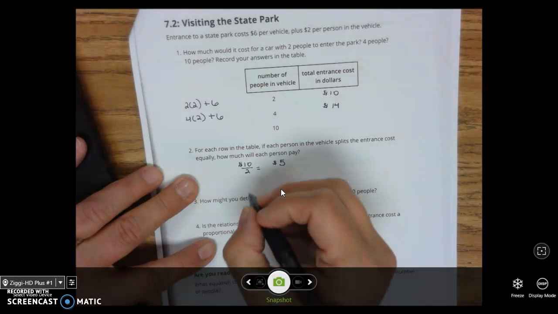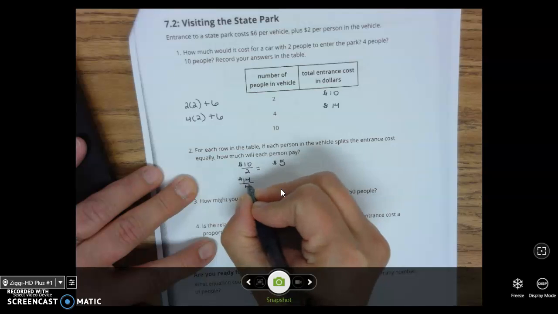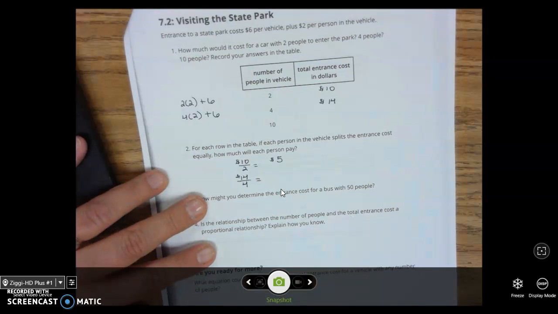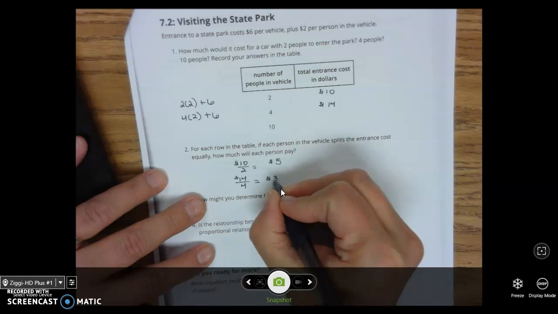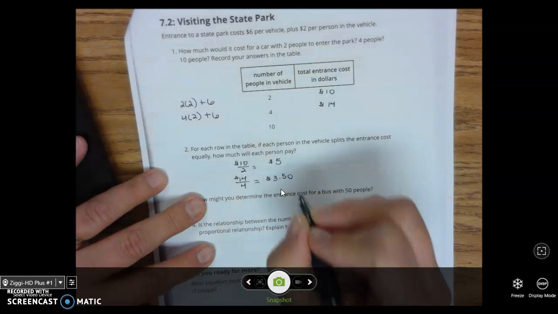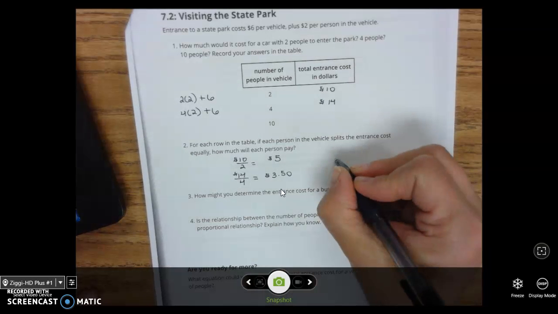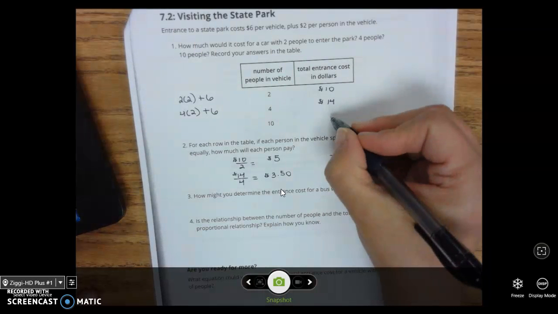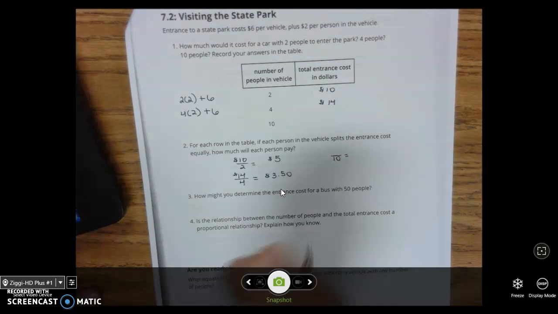And if their cost was $14, but we had 4 people in the car, we're going to divide by 4. And you get $3.50 for each person. And then you're going to have to do, what if there were 10 people in the car, whatever you got in the table, fill that in and see what the cost would be for each person.